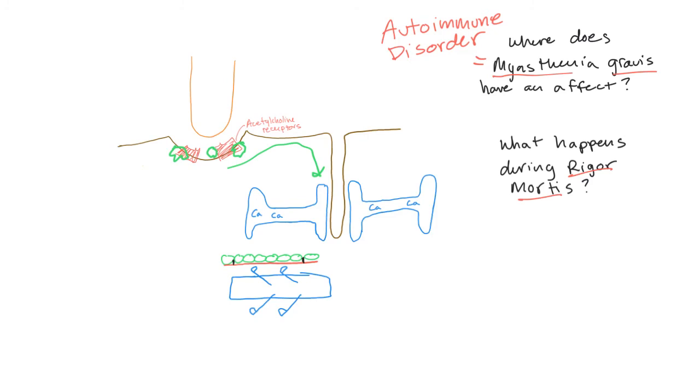Depending on how many of those are damaged, you're going to have problems contracting muscles, an inability or an ineffective contraction. There are a lot of neurological problems in advanced stages of myasthenia gravis, including confusion, weakness, fatigue. Drooping eyelids is one of them, where they can't keep their eyelids open because the signal to do that isn't there. So that is where myasthenia gravis affects this process.